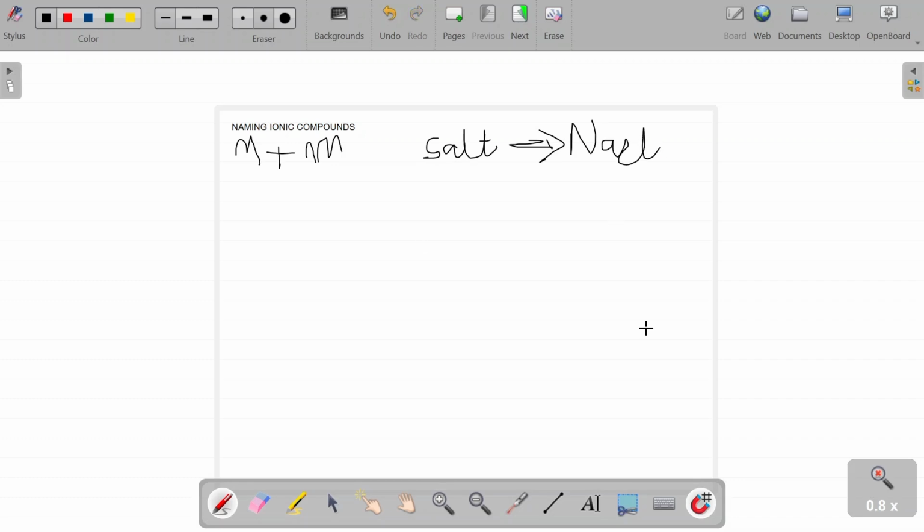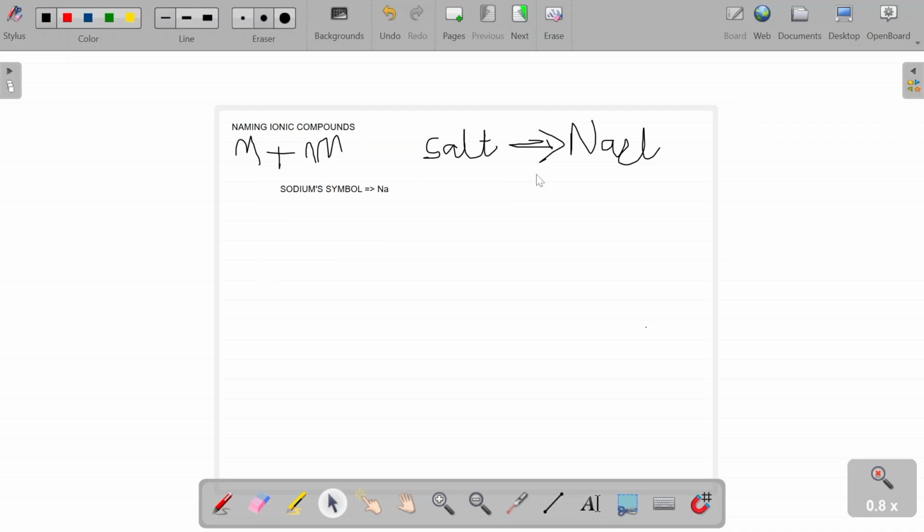Now, naming ionic compounds is very, very easy, very simple. It doesn't really require a lot of knowledge. It's just direct. Elements have symbols. For example, sodium's symbol is Na.